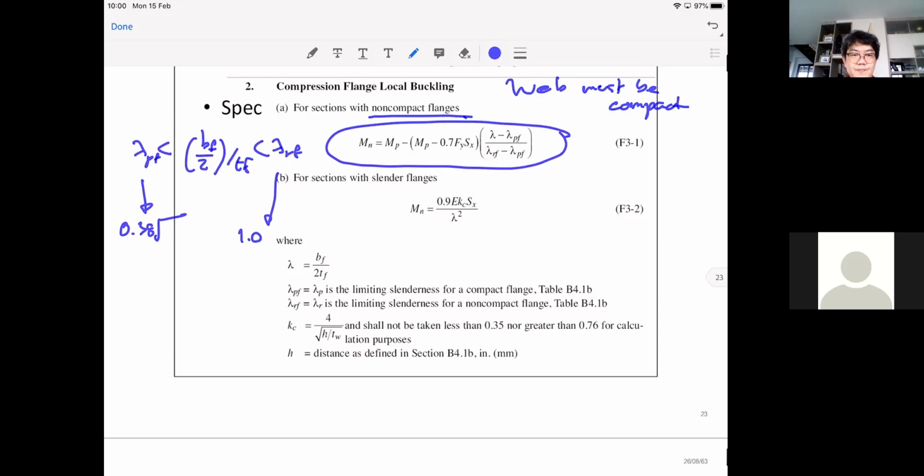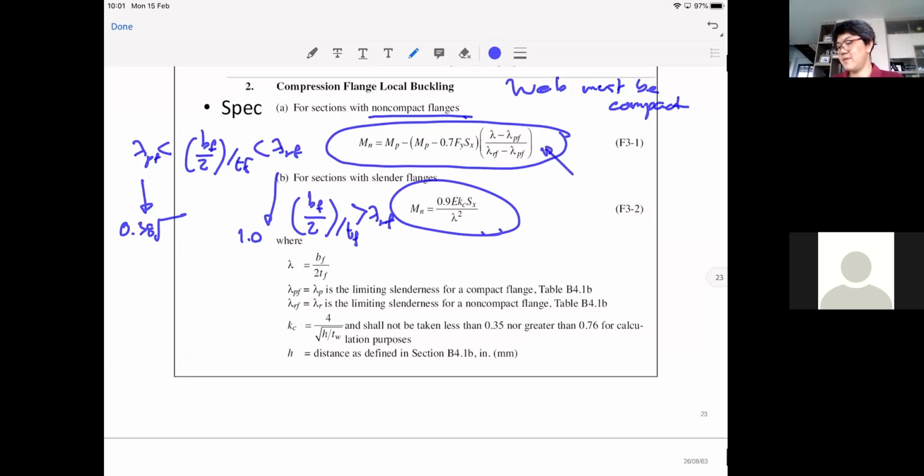And if it exceeds lambda r, so your bf over 2 divided by tf is greater than lambda r of the flange, this becomes your capacity. But I can tell you again that of all the sections available here in Thailand, for hot roll section, you have only non-compact.